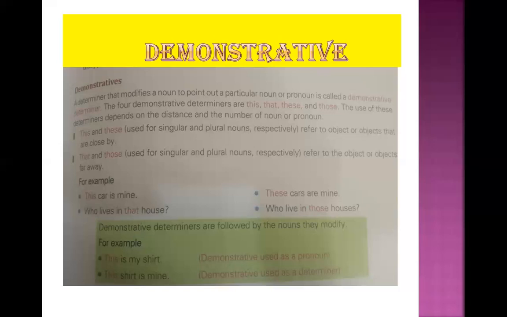This is a note: demonstrative determiners are always followed by the nouns they are modifying. Like if I say, this is my shirt, here the demonstrative is used as a pronoun. But when I say, this shirt is mine, here the demonstrative is used as a determiner.